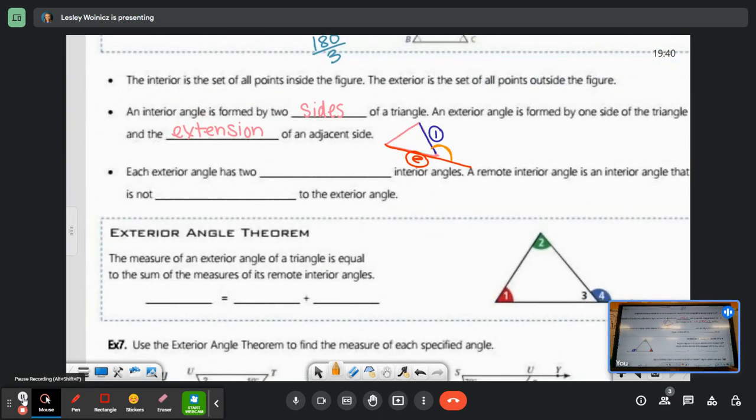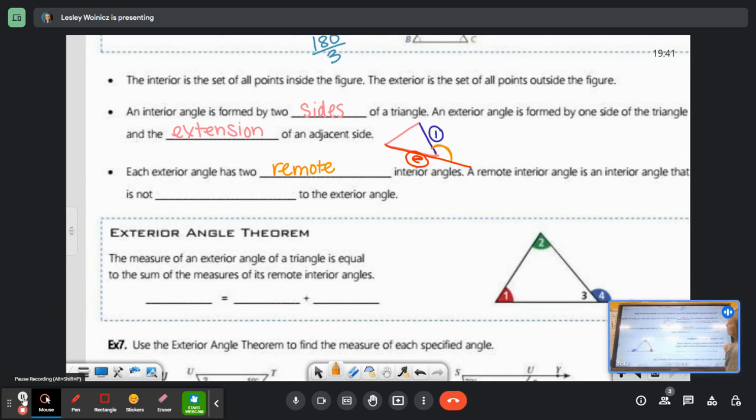Each exterior angle has two remote interior angles. Think about when you use your remote on the TV, you can be far away. So remote interior angles are not the adjacent one that's right next to it. They're the ones that are far away on the other side of the room with the TV.